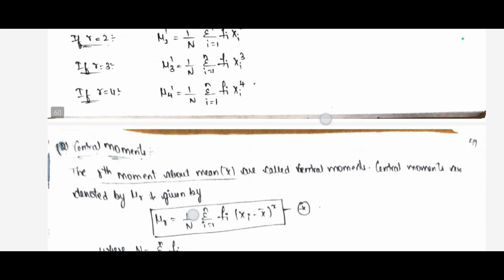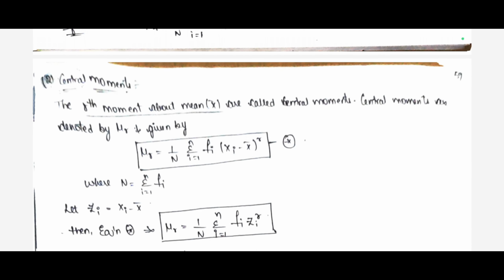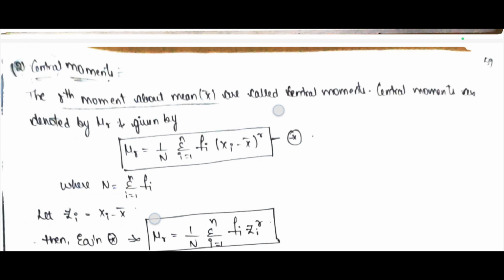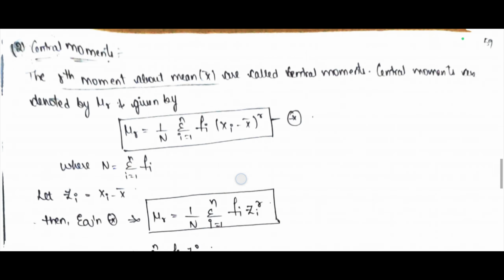Next, coming to the central moments: the rth moment about the mean x bar is called the central moment. The central moments are denoted by mu r, given by mu r equals 1 divided by capital N summation i runs from 1 to n fi into (xi minus x bar) whole to the power of r. Put as equation number 2, or we can say it is star.